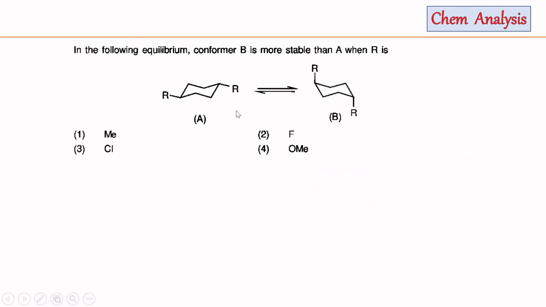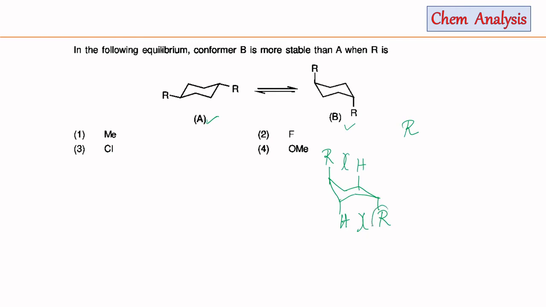Now in this question you have to tell about the condition for which the conformer B will be more stable than that of A, and for which R B will be more stable than A. Now in B you can see that since both the R groups are axial, there will be 1,3-diaxial interaction with the R group and hydrogen.